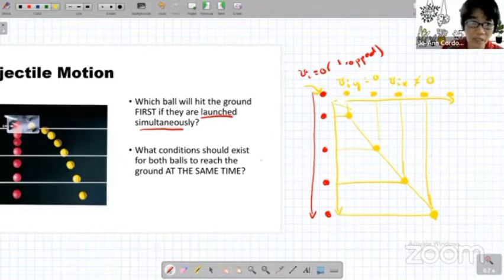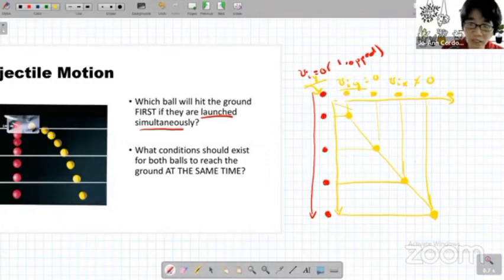So in short, in the case of the question as to what is the condition for these two to fall together, dapat si yellow ball at si red ball, parehas dapat sila ng v initial along y. It should be both equal to 0. At the same time, si yellow ball should have a non-zero na horizontal velocity.